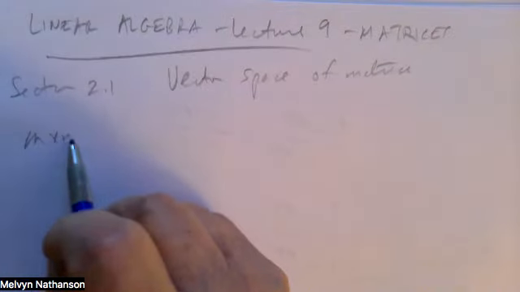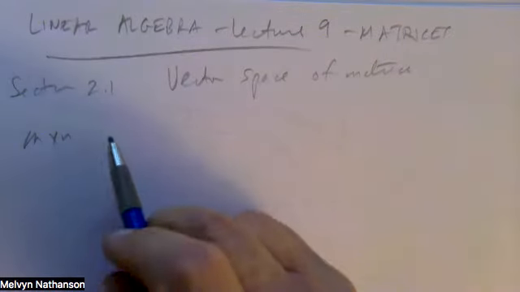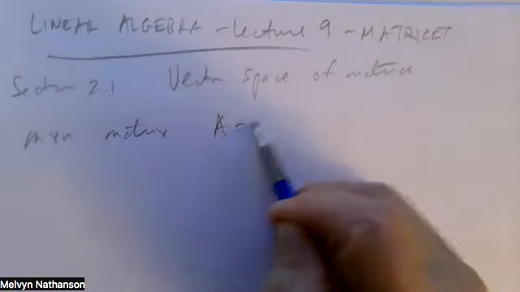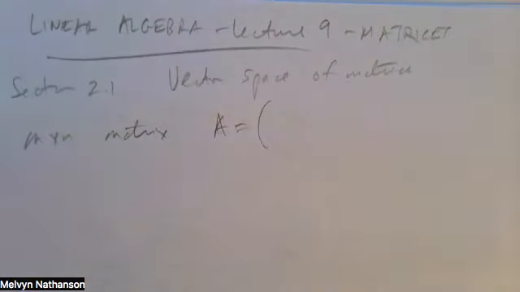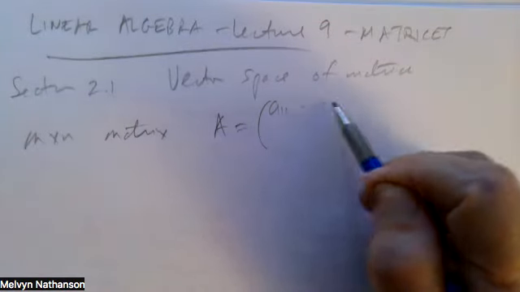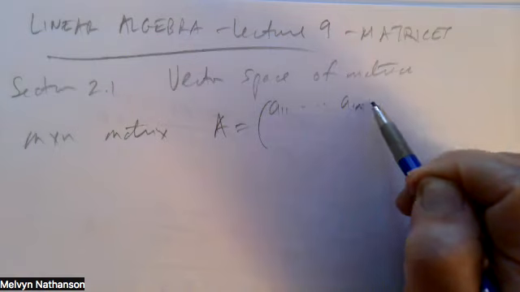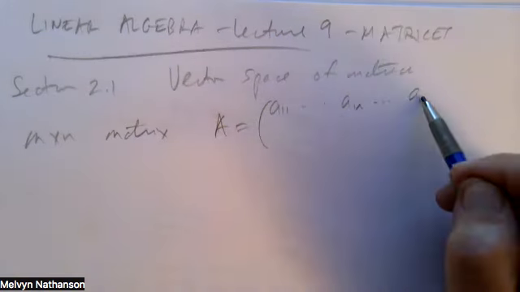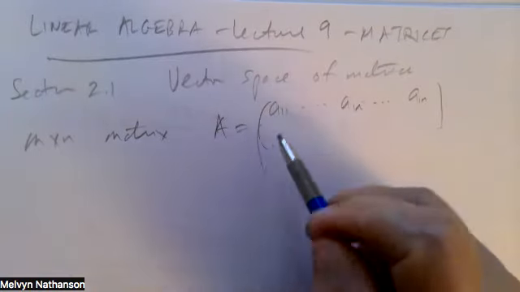So an M by N matrix is just a rectangular array of numbers, M rows and N columns, and the first row is written A11 up to A1N, and so forth.